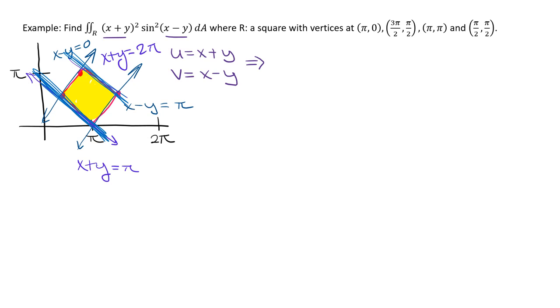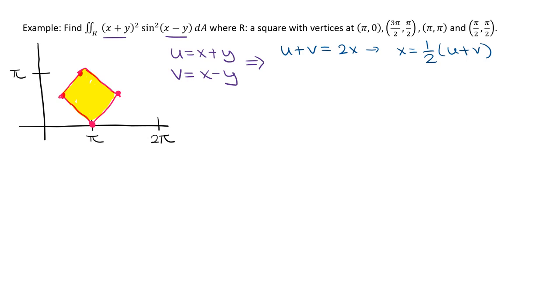So that's another reason why using u equal x plus y is a really good choice. You want to pick your transformation so it matches the boundary and or the integrand. In this case, the x plus y and the x minus y are things I see in both the region and within the integral.